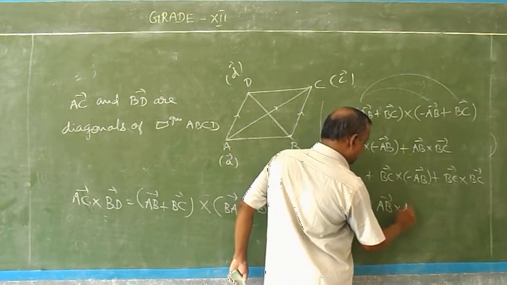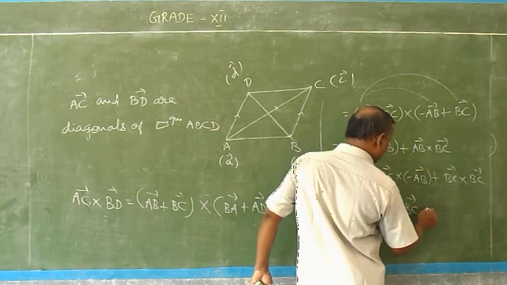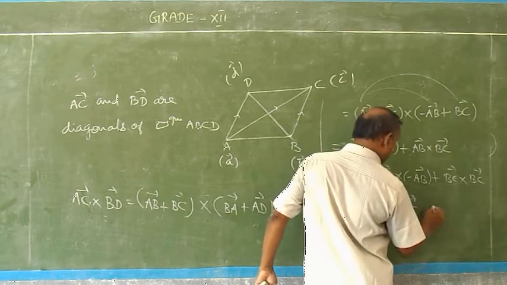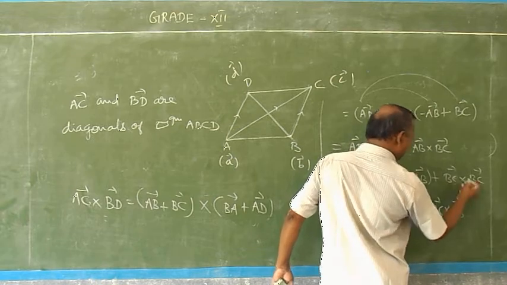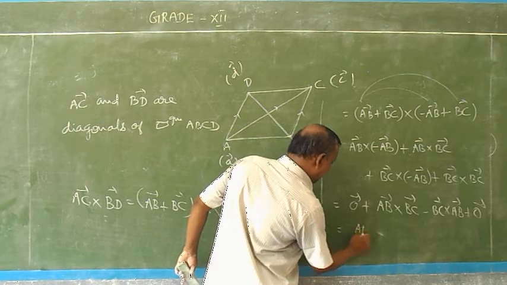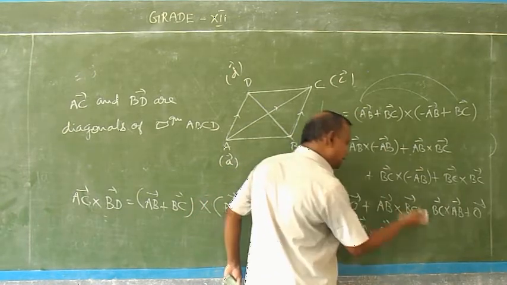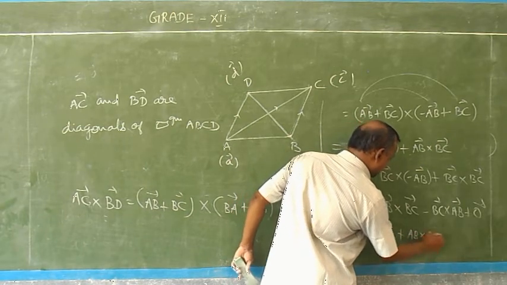Then interchange this: minus of this is multiplied by minus, giving BC cross AB, and BC cross BC equals the 0 vector. Now this is AB vector cross BC vector. Interchanging two vectors means the sign will change automatically, so plus AB cross BC.